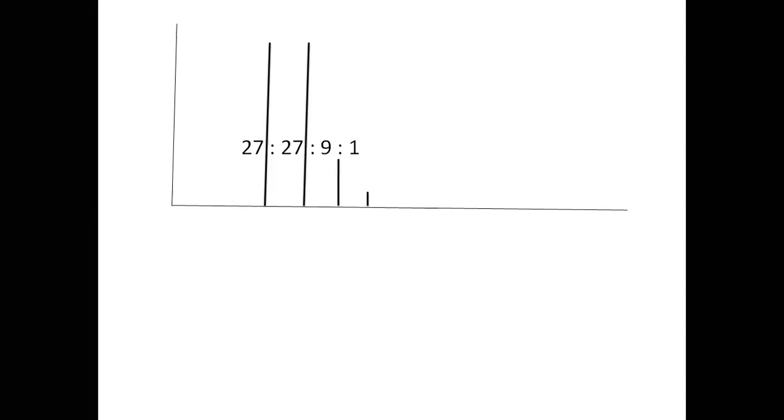Fine. So these are the simple ratios by which we can find out the intensity of peaks related to how many elements are present in the given sample. Okay.